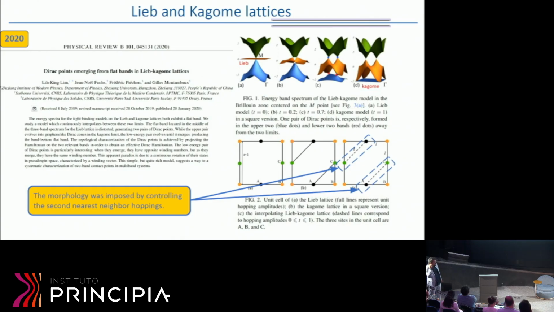Different from the Lowe paper, where they propose a model and show based on group theory that Lieb, which belongs to the D4h group, merges to the D6h group.